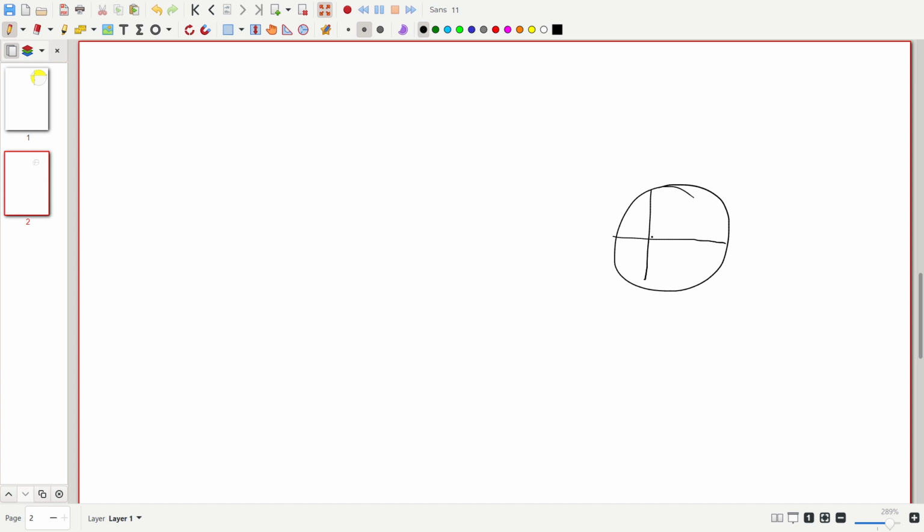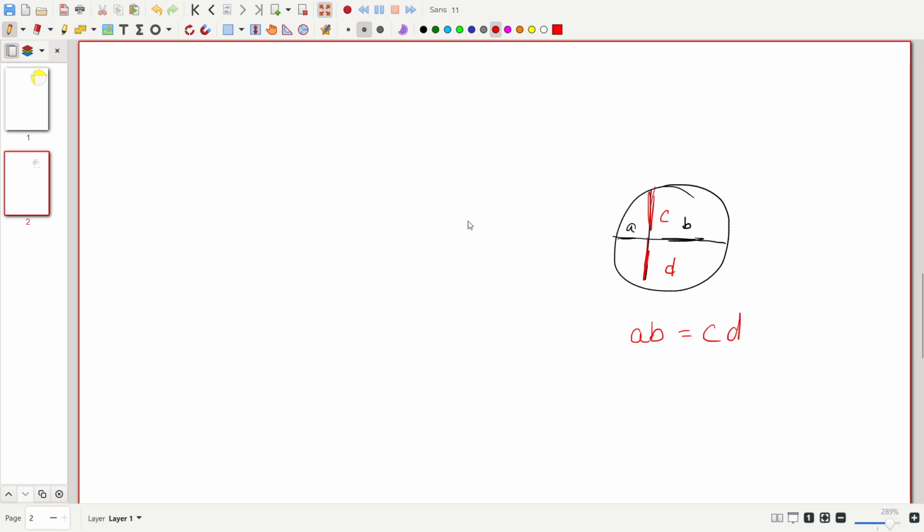I know most people will not get it. Let's say the length of this line is A, this line is B, this line is C, and this line is D. According to the intersecting chord theorem, A times B is equal to C times D.